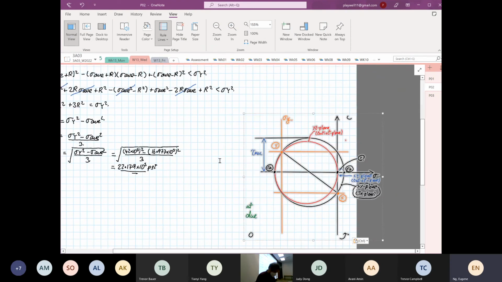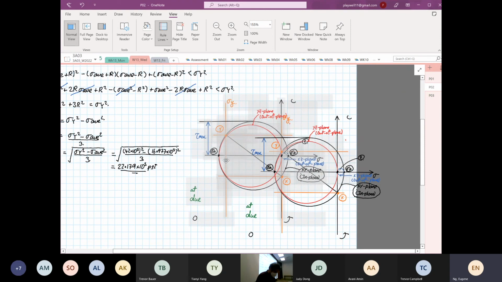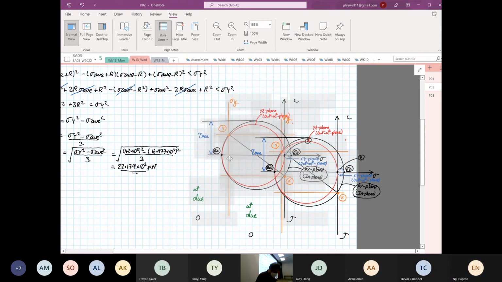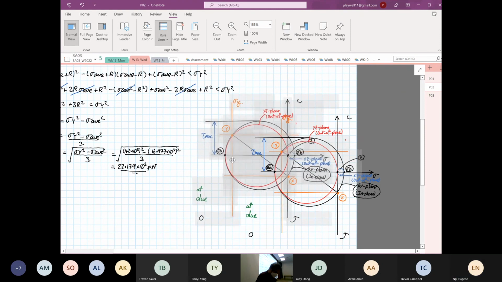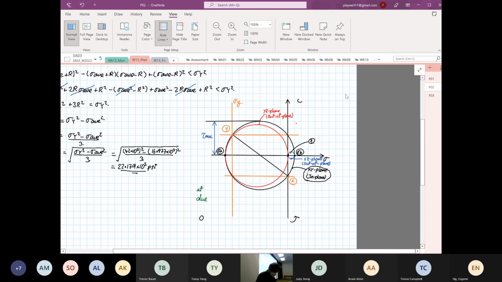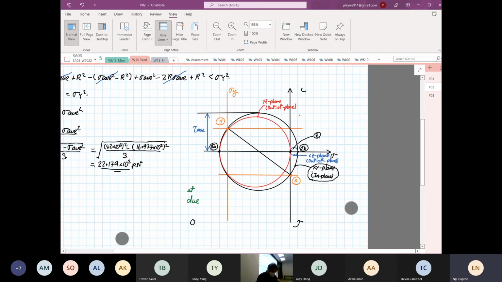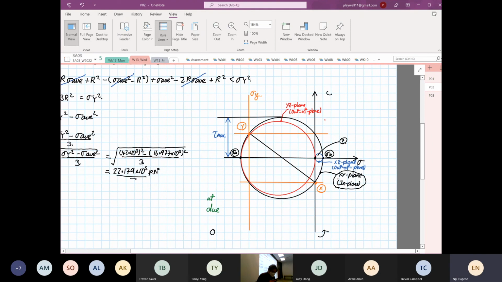I know it will, because it helped me a lot. Right. So what we are trying to determine now is our shear xy. We don't know what it is.